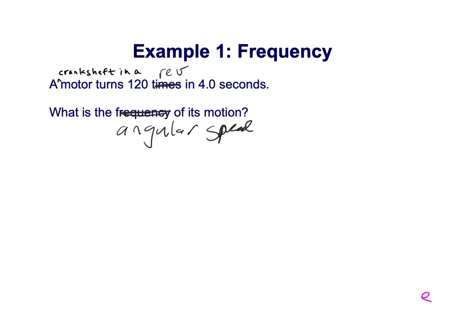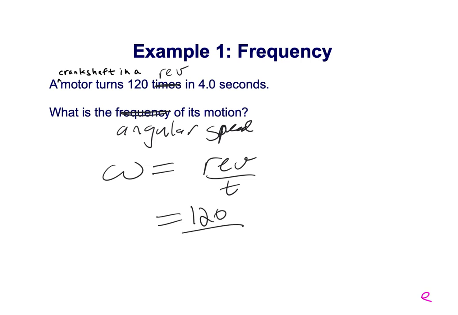Okay, so angular speed is revolutions per time. And so that's 120 divided by 4, which is 30 revs per second.